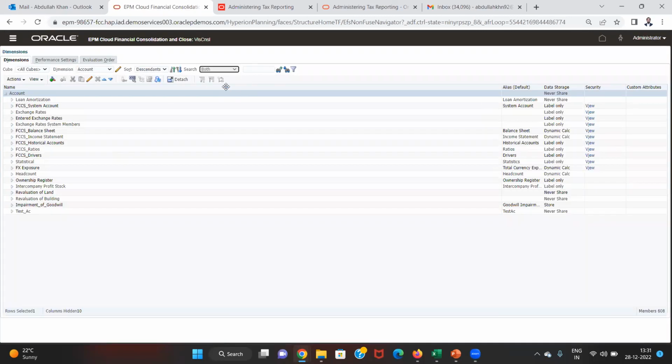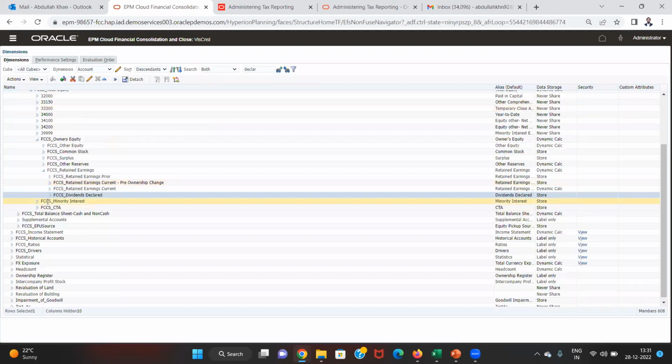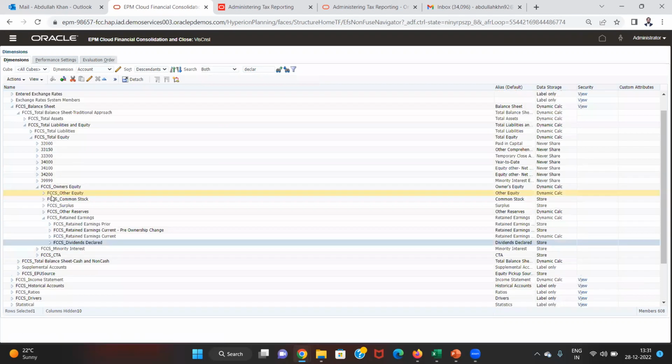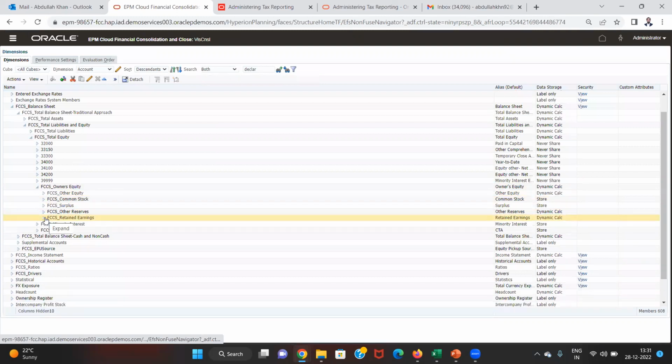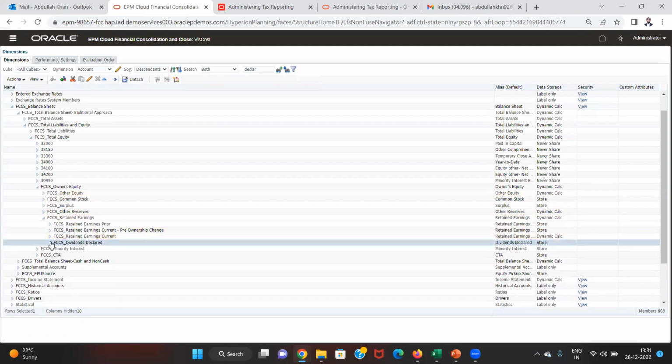So we'll just search the dividend declared account. See, the dividend declared account is the child of retained earnings. So if we open the retained earnings, we can see the dividend declared account.